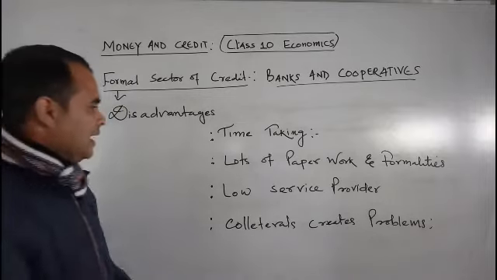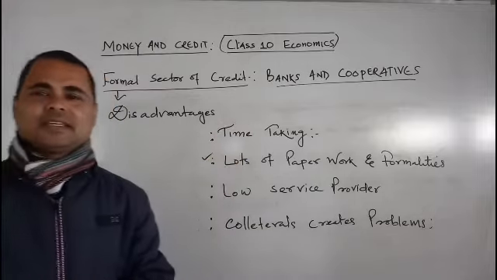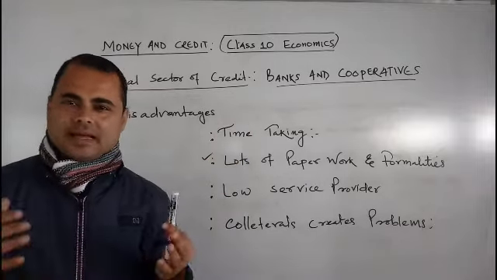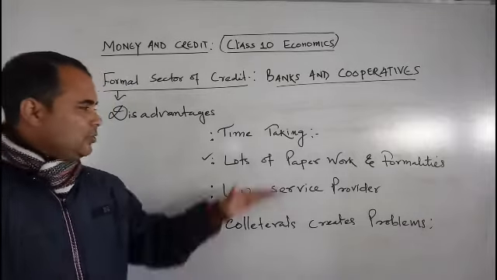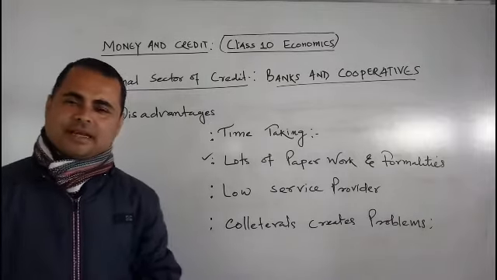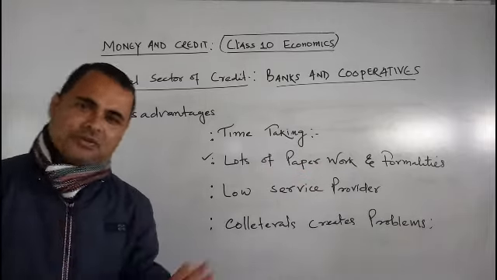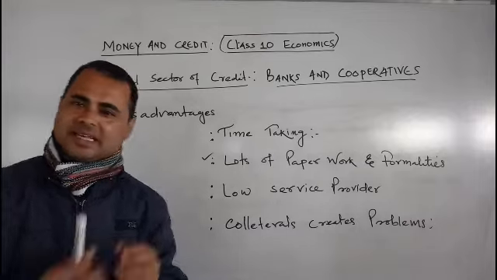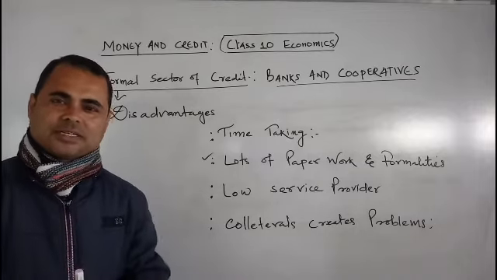Another is lots of paperwork and formalities. When you want to get a loan from the formal sector, then you need to go through lots of paperwork and formalities. Often people get fed up with this paperwork and formalities and they give up getting a loan from the formal sectors.